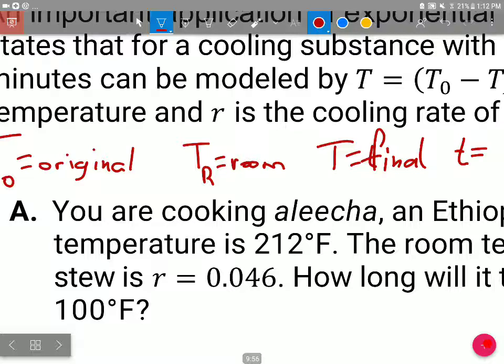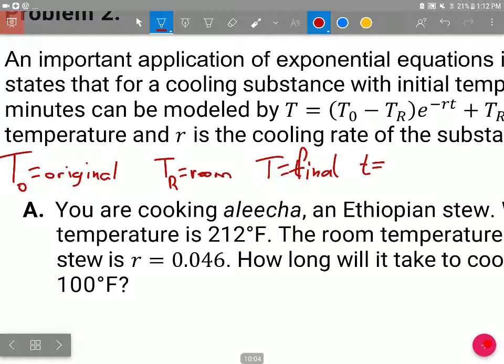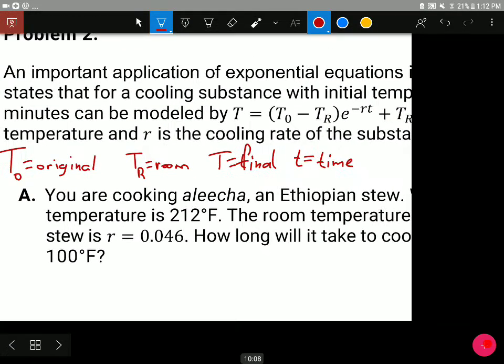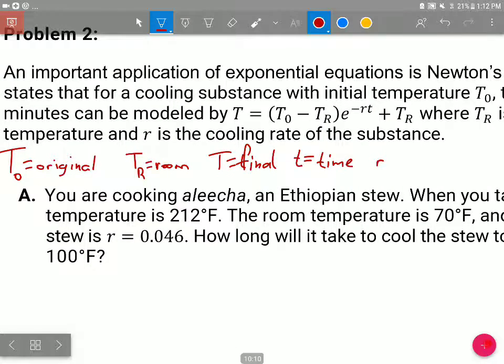What do you think? What does it say over there? Time. This is time. And last but not least, your little r is your cooling rate. Okay? So that's what all those variables are. You just got to stick in what you know and solve.